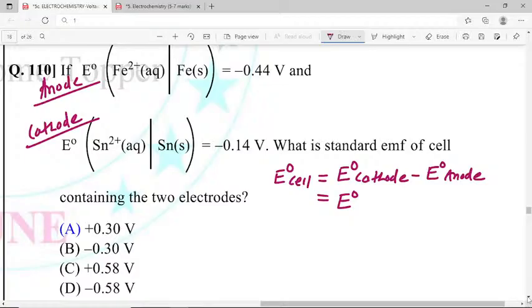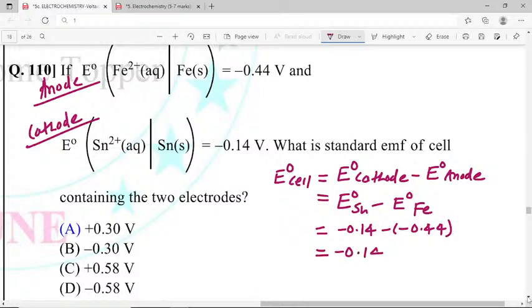Cathode has tin minus E naught, anode has Fe. So what is the tin value? Tin has minus 0.14 minus minus 0.44. So is equal to minus 0.14 plus 0.44, so the value is plus 0.30 volt. Option A is correct.